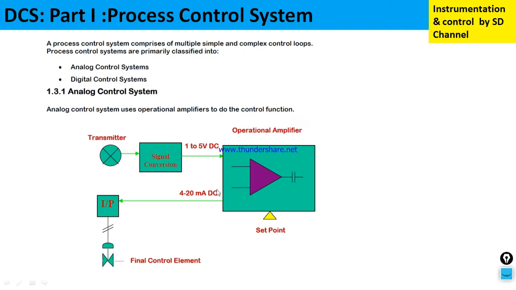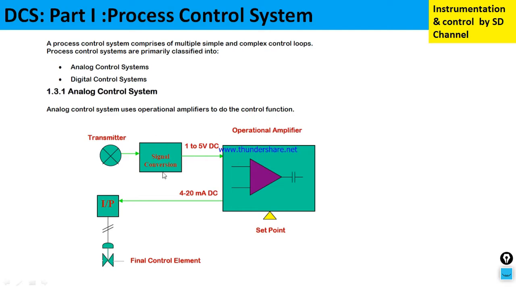Depending on the programming, it will give the output to the final control element, the control valve. I have explained before that to maintain this set point, the controller will give the output to the final control element, which will maintain the flow or level or pressure, anything. So this way, the analog control system works.